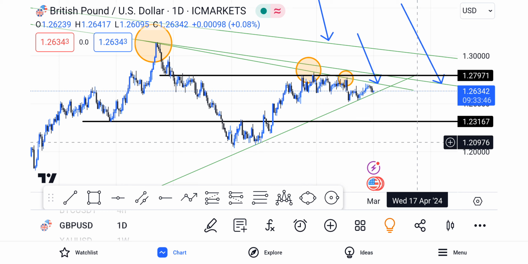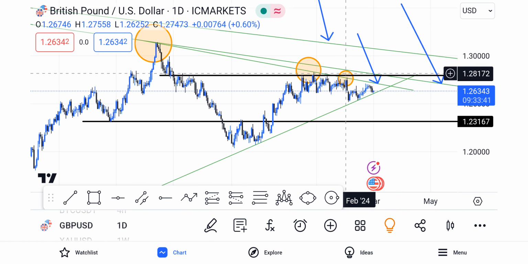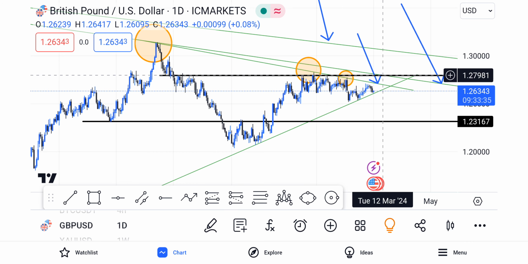So once you can combine your trend lines with your horizontals, you see that where a trend line crosses a horizontal support or resistance gives you an area of confluence.